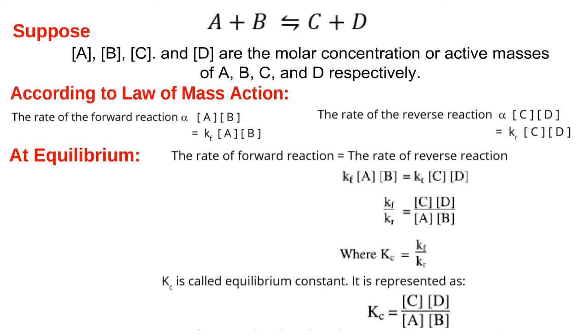Now, by putting the values of forward reaction and reverse reaction, we get Kf [A][B] = Kr [C][D]. On rearranging the above equation, we get Kf/Kr, which is equal to the concentration of products by the concentration of reactants, where Kf/Kr is equal to Kc, and this Kc is known as the equilibrium constant.